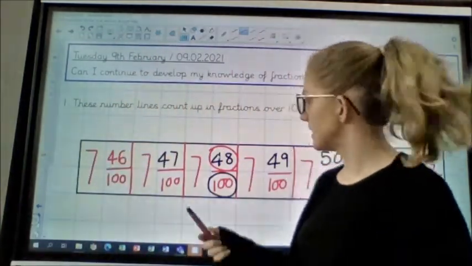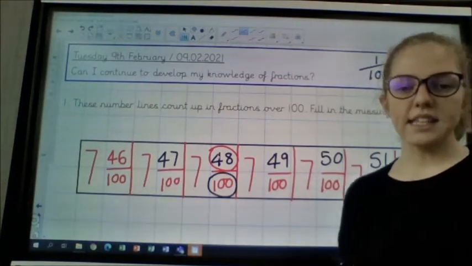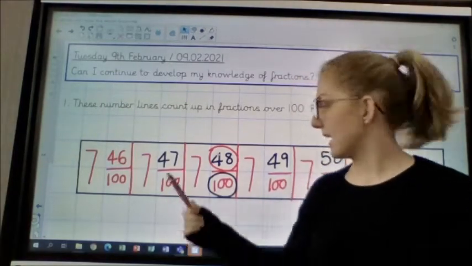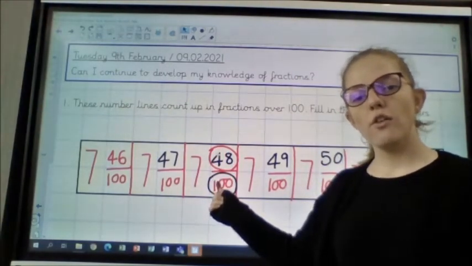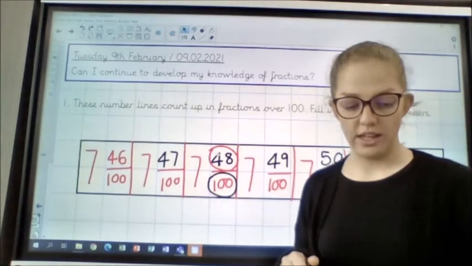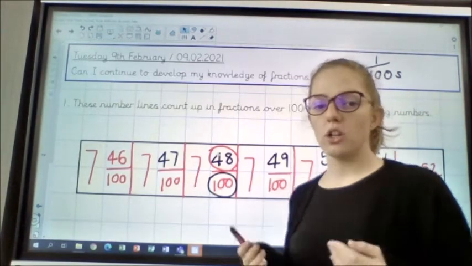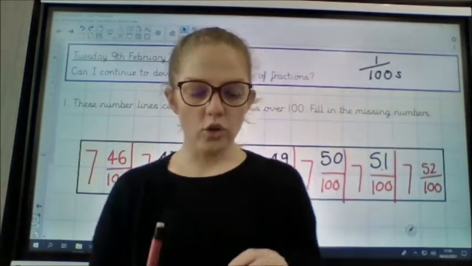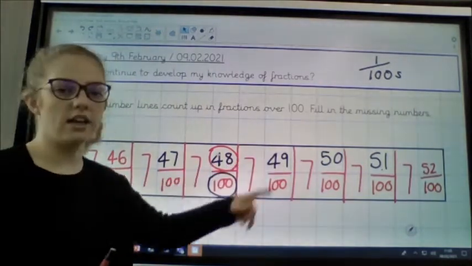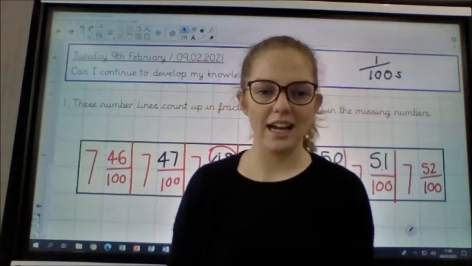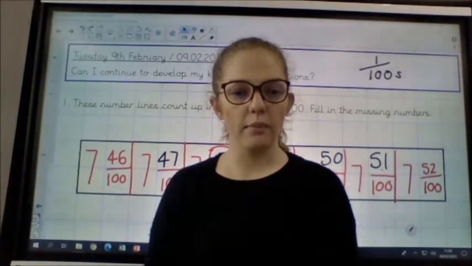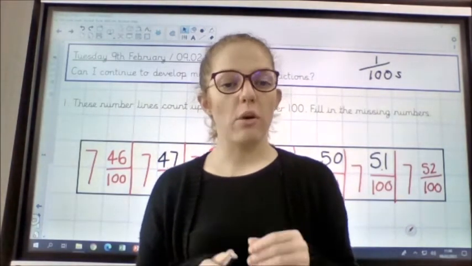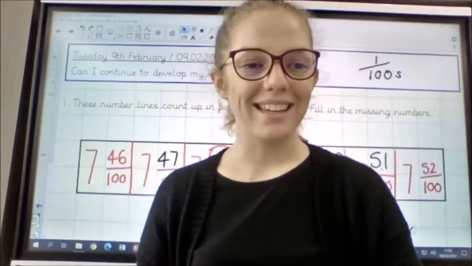The numerator is the number on top, and it tells us how many parts of 100 we're talking about. I can see here there are 48 parts over 100 for this one. There are 100 parts altogether, but I can only see 48 there. So your numerator in this pattern is getting bigger by 1 each time. I want you to give it a really good go. Try your best to complete the rest of the questions for this one. If you are finding it hard, please let me know, okay?